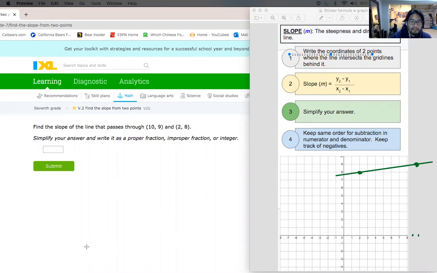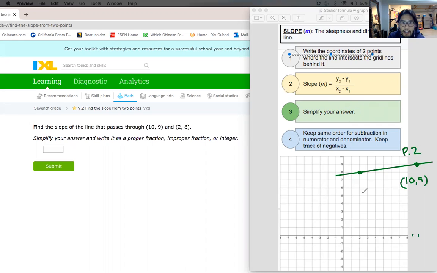All right. So we need to find the slope of this line. And once again, let's take a look at our coordinates. So we have 10, 9 up here, and we'll call that point 2.